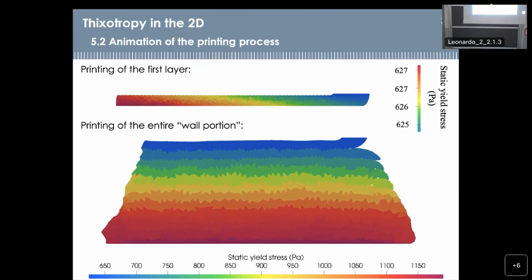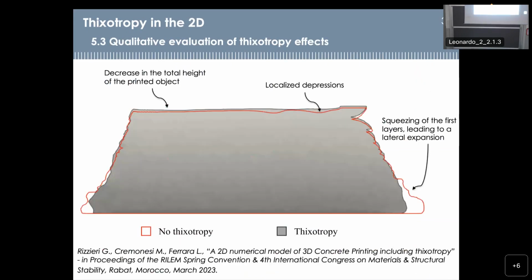So then, in order to assess what is the impact of thixotropy or structuration of the material on our object, we decided to do the same simulation, also without the evolution of the mechanical properties. You can see here the comparison. The red curve represents the simulation without the evolution of the mechanical properties, so no thixotropy.